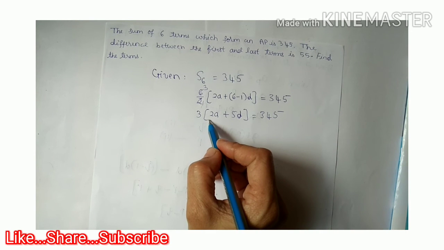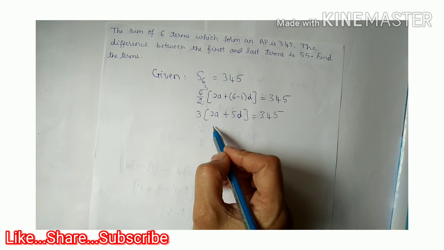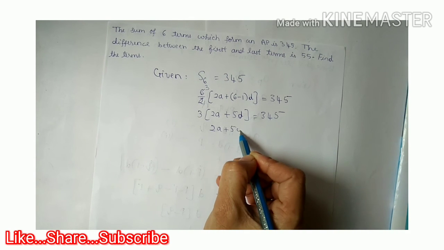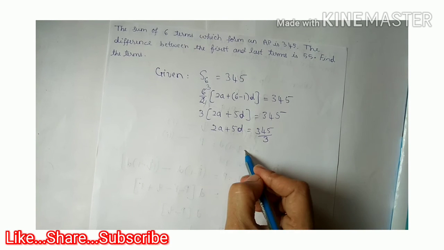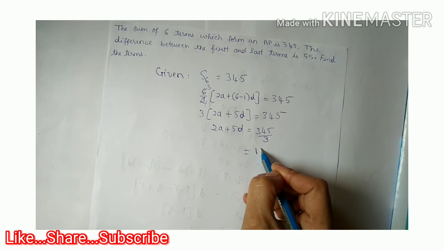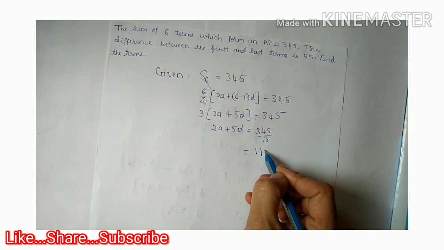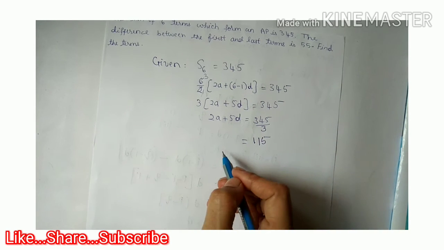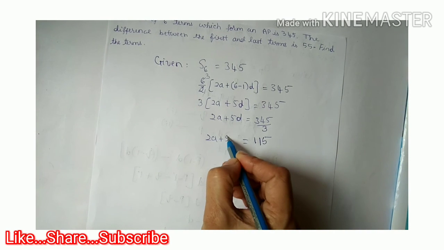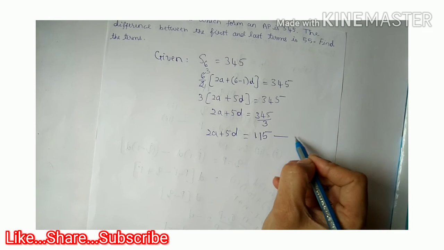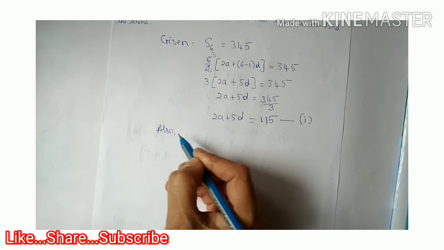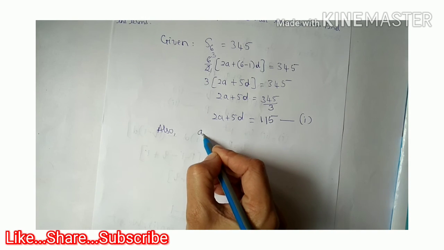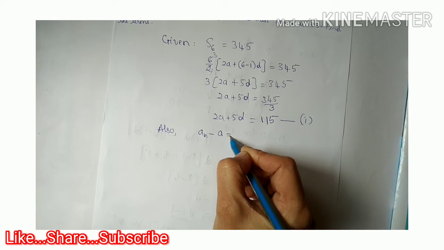is equal to 345 by 3. Threes are 115. 2a plus 5d is equal to 115. Let it be equation number 1. Also given, the difference between the first and last terms is 55.